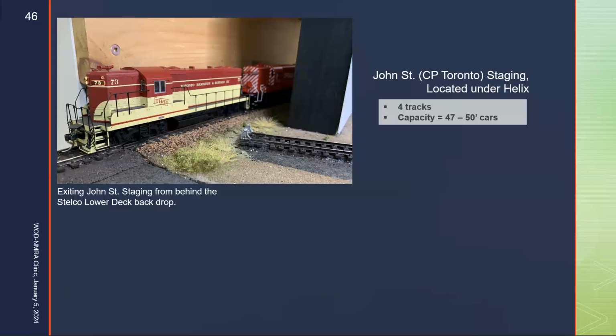The other sort of happy coincidental discovery that came to me one day was, gee, I had this 8-inch vertical space around the outer edge of the nook underneath the helix, because the helix was suspended and started at about 8 inches above the deck height level. And so that is now where the simulation of the John Street CP yard is situated.